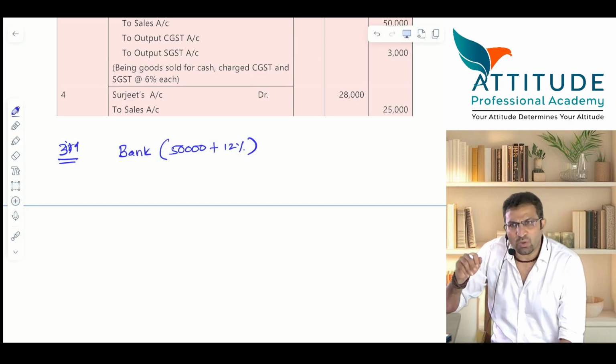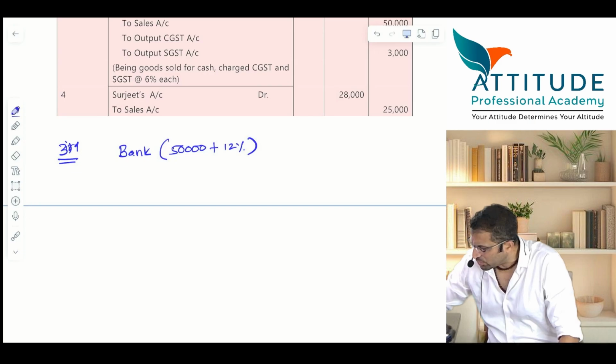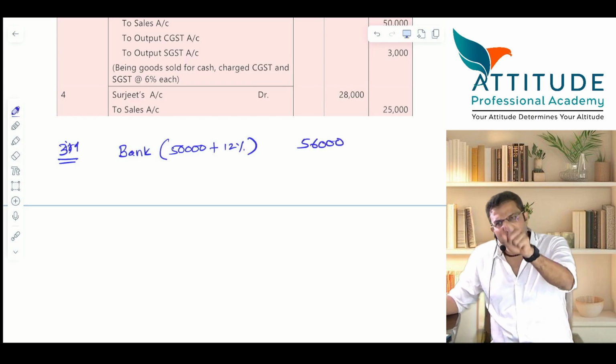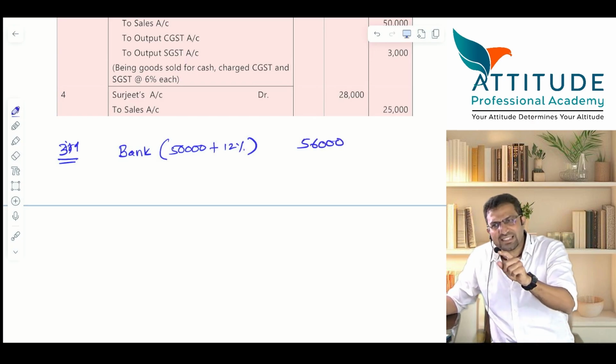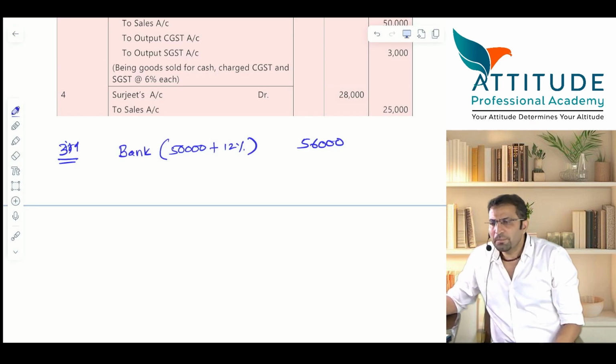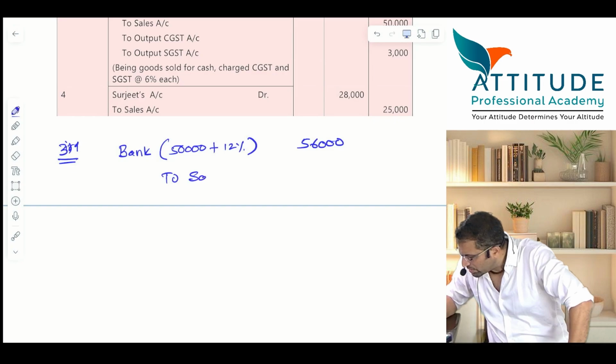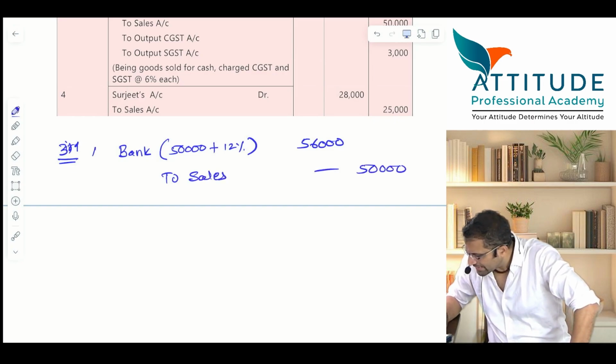So bank is not only 50,000. 50,000 into, tell me, 12% plus is equal to 50,056,000 you have received. But is 56,000 your money? Or out of that 6,000 is payable to the government? Payable to the government. Your money is only sales is 50,000 to kitna? So this is asset increases, and here asset reduces or income increases.